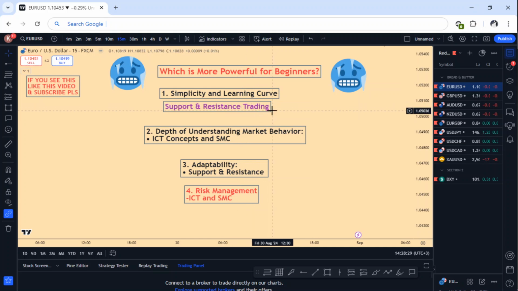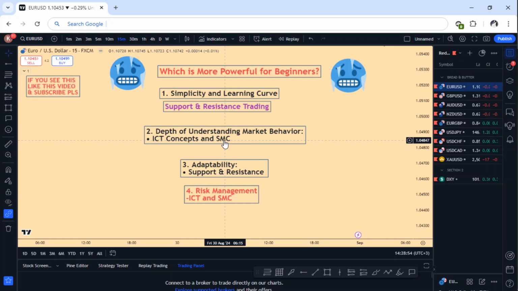So what about the depth of understanding the market behavior? If you want to understand the market behavior and how the market moves, then you have to learn ICT and SMC, or one of them, because they are almost the same. You just need to learn one of them and you're good to go. They both provide a profound insight into how institutional traders operate.